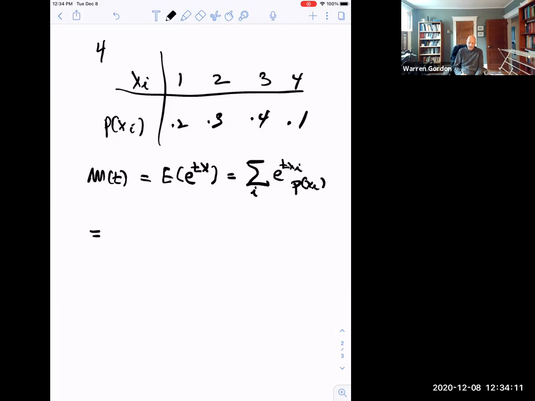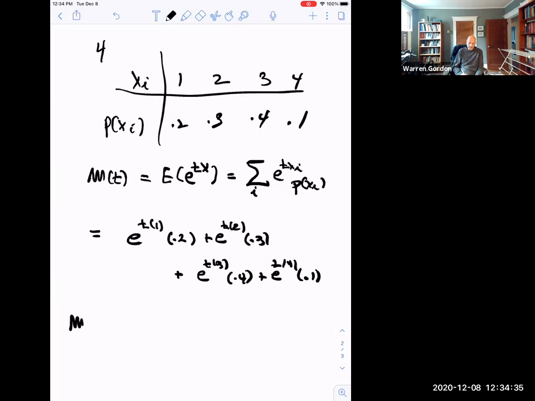So in this case it would be e to the t times 1 times 0.2 plus e to the t times 2 times 0.3 plus e to the t times 3 times 0.4 plus e to the t times 4 times 0.1, or m of t is 0.2 e to the t plus 0.3 e to the 2t plus 0.4 e to the 3t plus 0.1 e to the 4t.